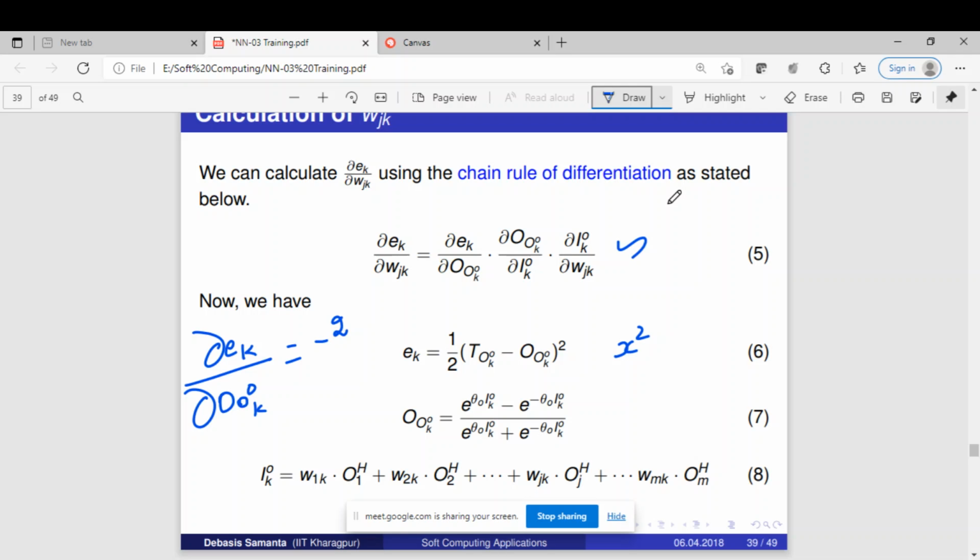If you consider this entire thing as x and this is x squared, then how will you differentiate it?